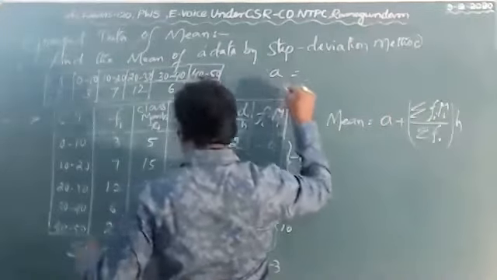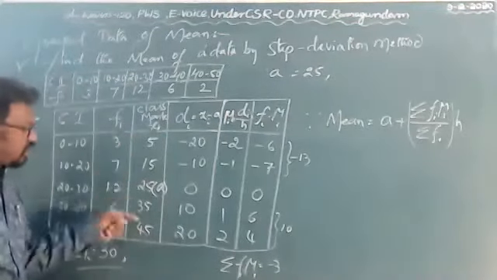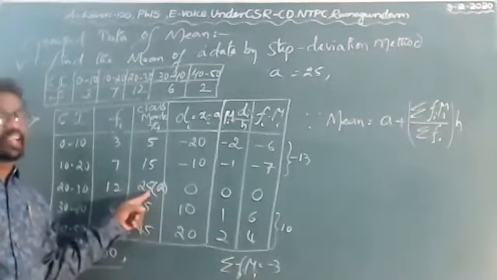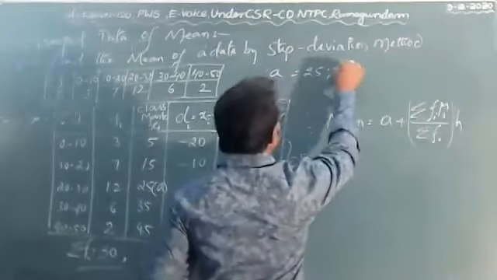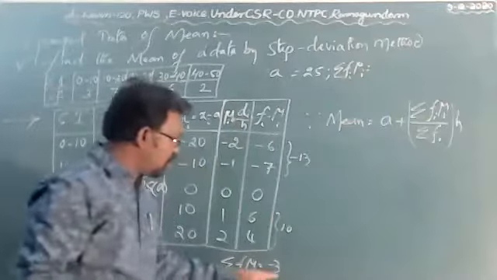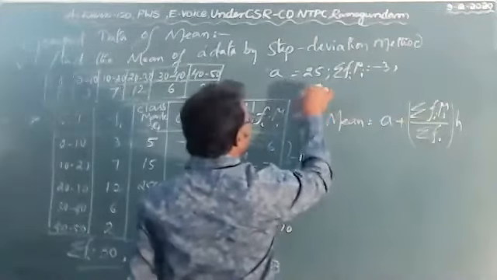A is equal to 25, the same as already. You can take a anywhere, but if you take it here, you will get easy calculation. What is next? Sigma f into mu is minus 3.